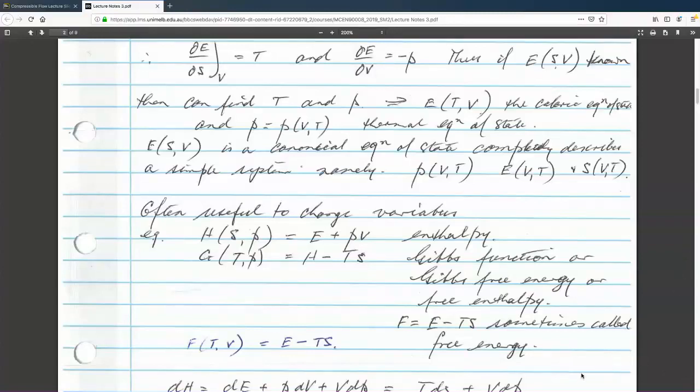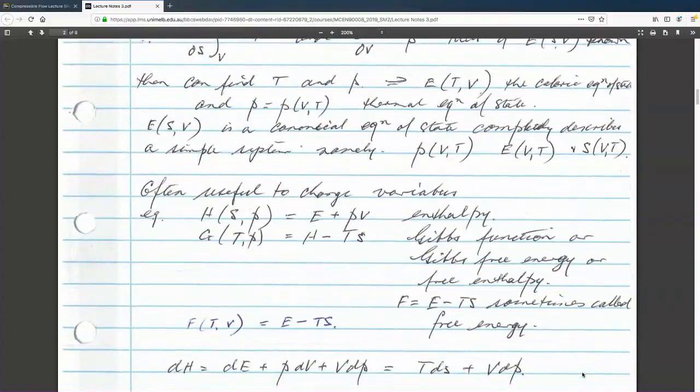Now, why? So let's look at dH. H is equal to E plus PV, right? So dH is equal to dE plus P dV plus V dP. But dE plus P dV is T dS. All right? So I'm talking about this equation here, E plus PV.